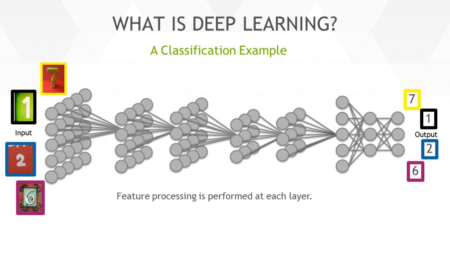As you ingest data through your network, the responses of the network convolved together tell you what the input is. So if I push an image of a 7 through my network, ideally your output will tell you that, okay, I know that image was a number 7, as opposed to a number 1, or a number 2, or a number 6.